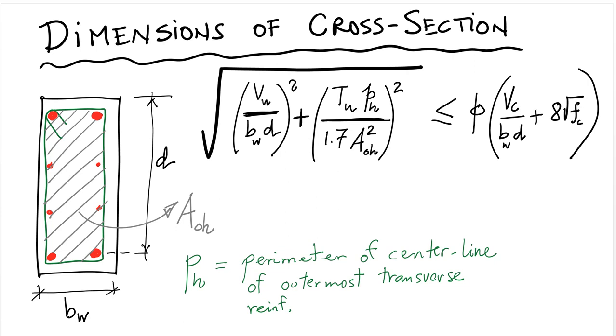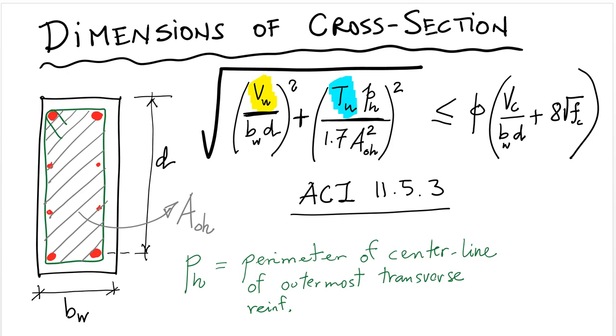That requirement can be found on ACI 11.5.3. So you can see here that you have the ultimate shear computed from the load combinations, the ultimate torsion.